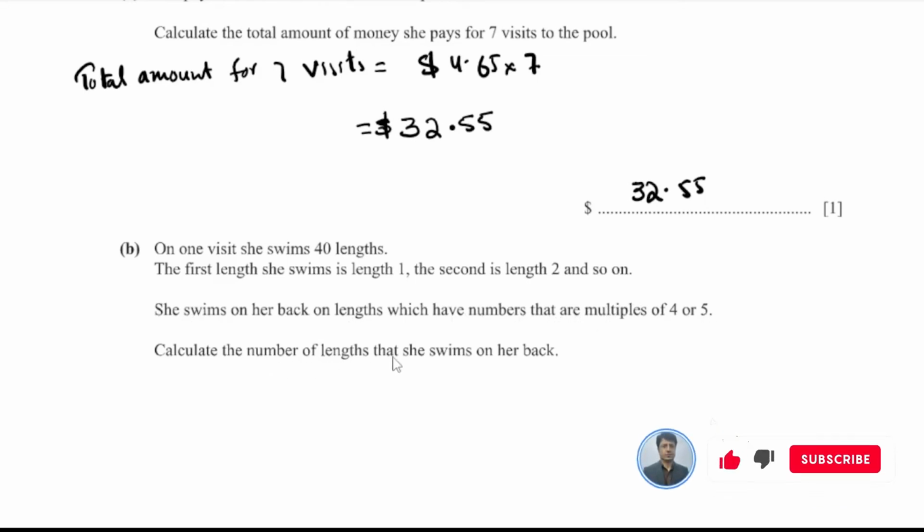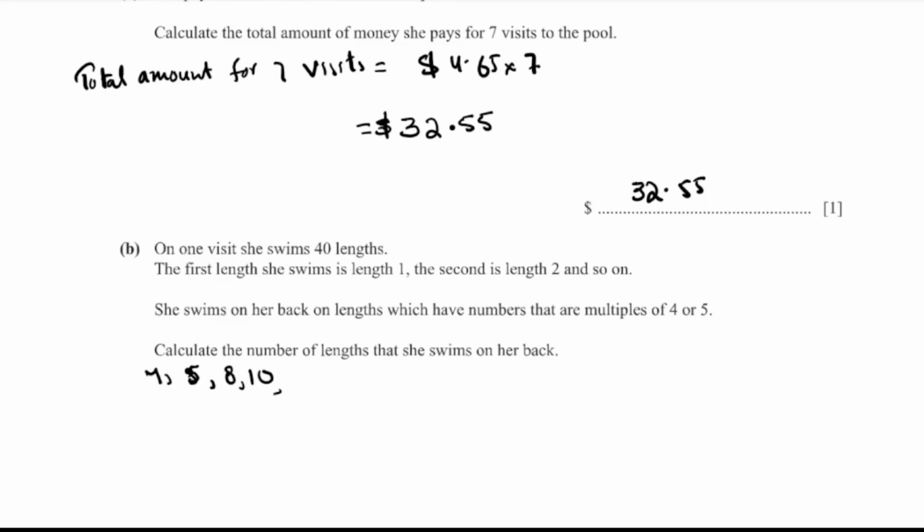So if 4 and 5 are the multiples of the lengths that she swims on her back, that will become 4 ones are 4, 4 and 5, because we need the multiples of 4 and 5.